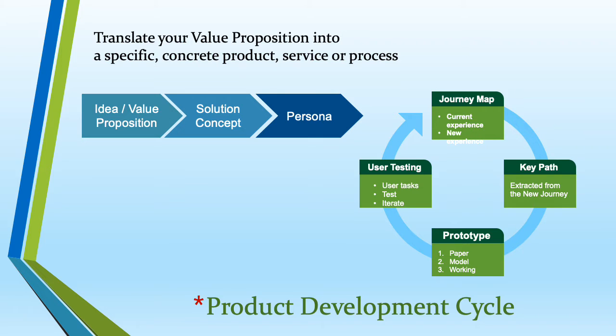In this module, we'll map their interaction with the problem: how they become aware of the problem, how they plan how to solve it, how they take actions to solve it, and how they assess the outcomes of their actions. We'll do this through employing journey maps and key paths.